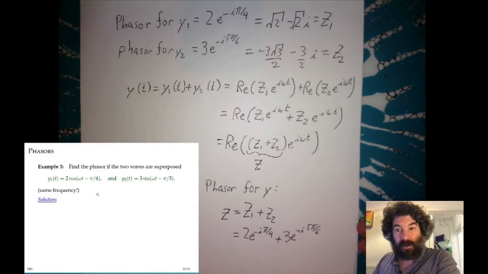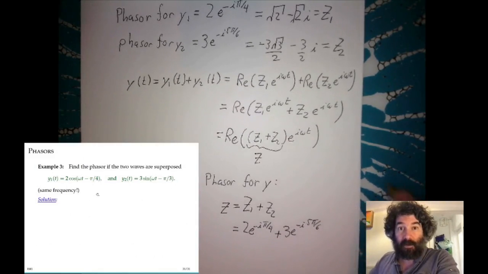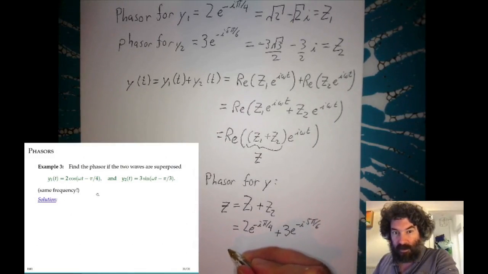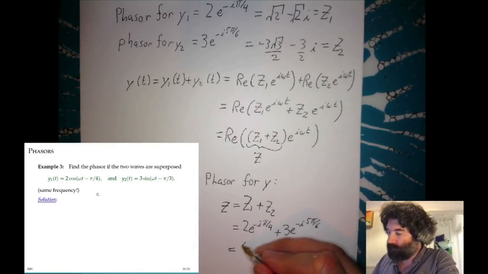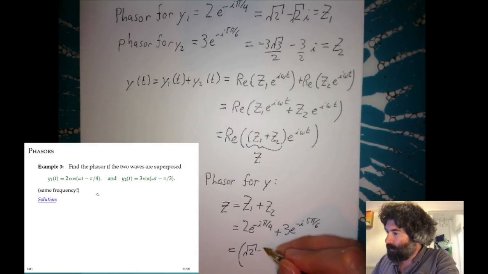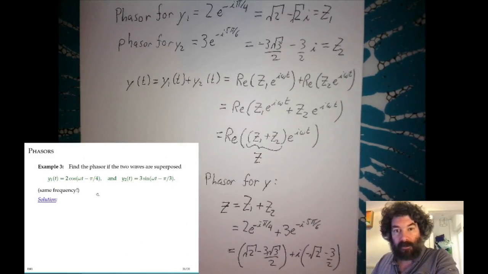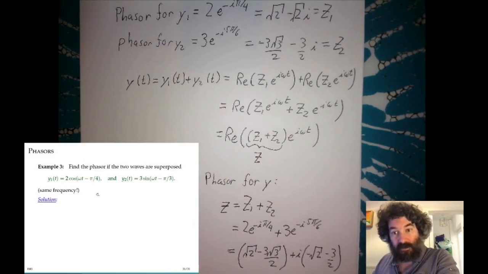Or if we wanted to write it in the form with the real and imaginary parts, and use these formulas for the Z1 and Z2, we get that this is square root of 2 minus 3 square root of 3 over 2 plus i times negative square root of 2 minus 3 halves. And to identify the real and imaginary parts for the phasor of the sum of the two.